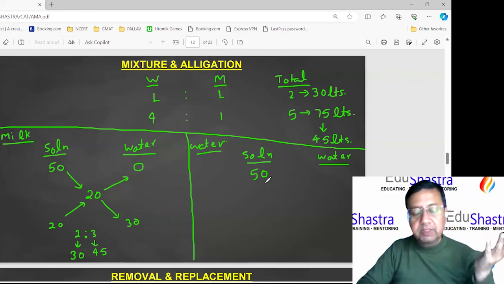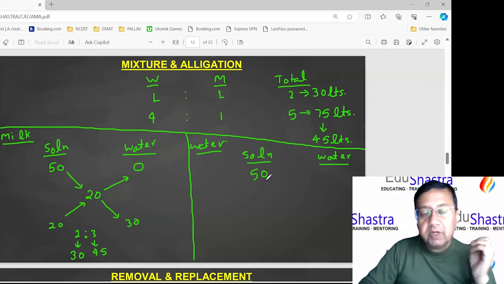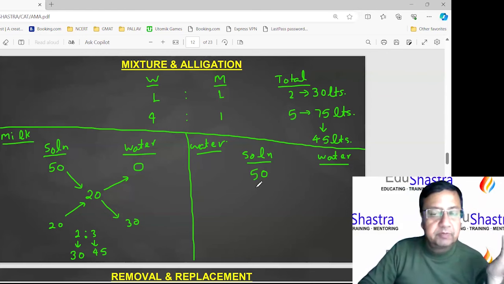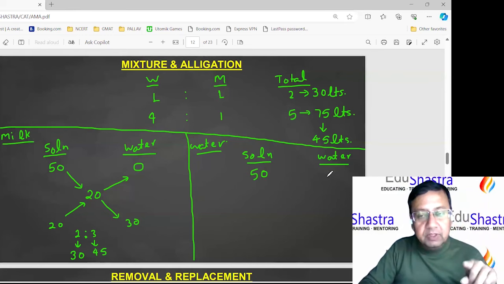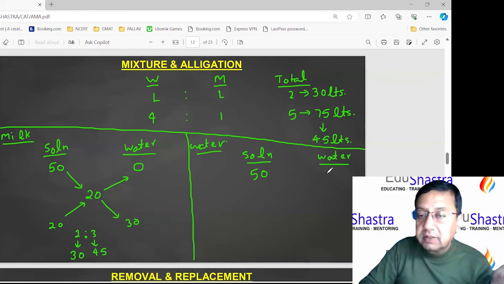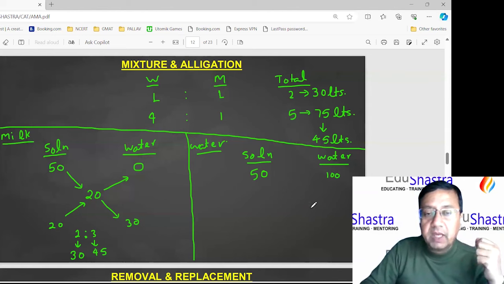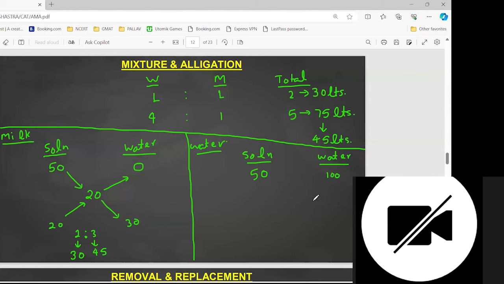Right? Because both the things are half and half, 1:1 ratio. So 50% milk solution, 50% water solution. In water, how much water? 100% water. See the difference in the figures.